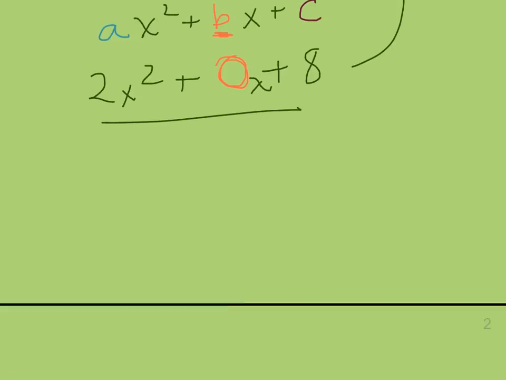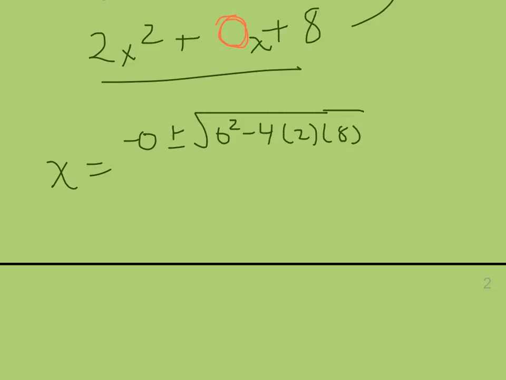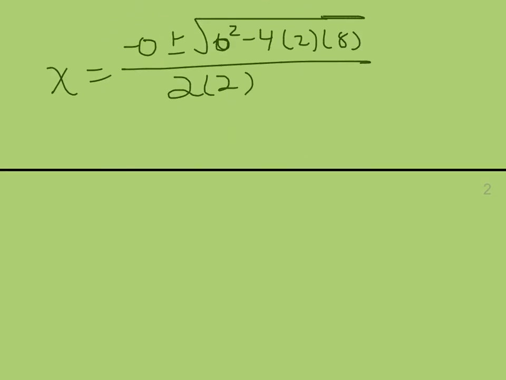Alright, so now when we plug it into the quadratic formula, we are going to get x equals negative 0 plus or minus the square root of 0 squared minus 4 times 2 times 8 all over 2 times 2. Alright, so of course we still, no matter what, always have to do what's inside the discriminant first.